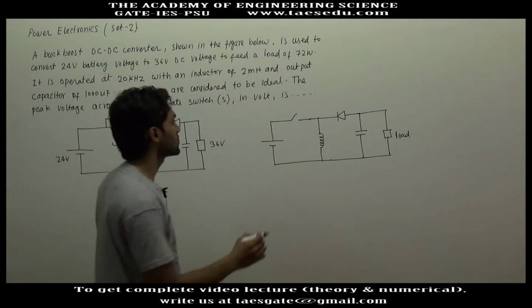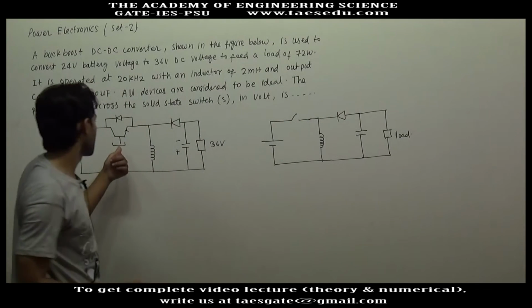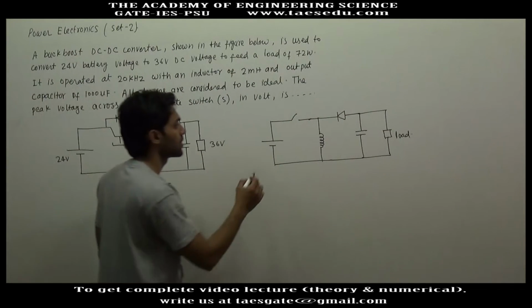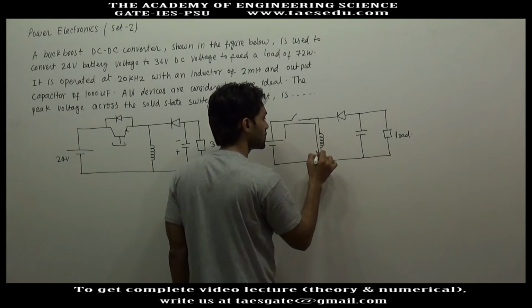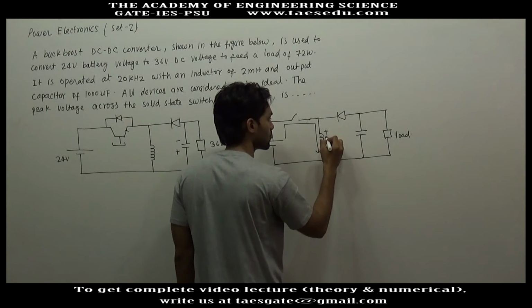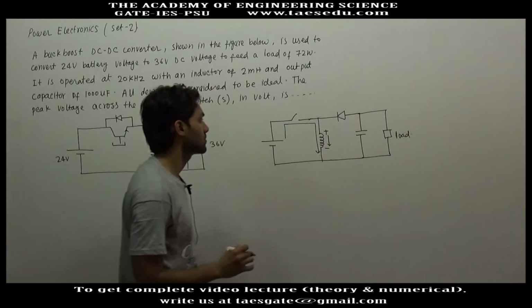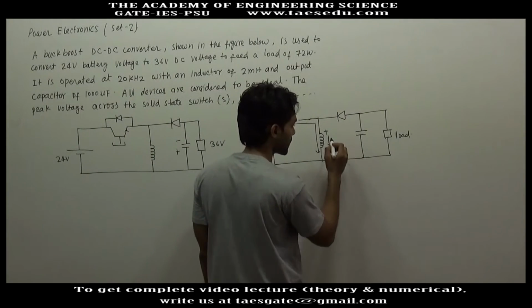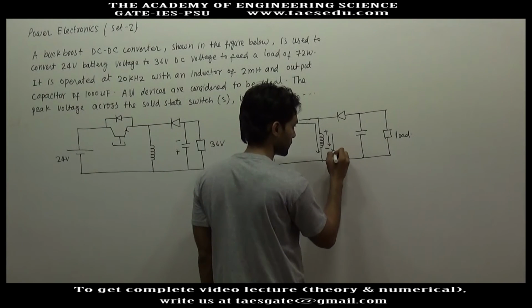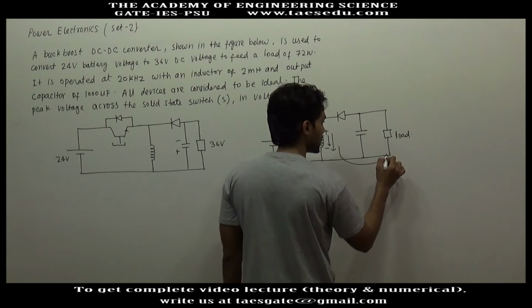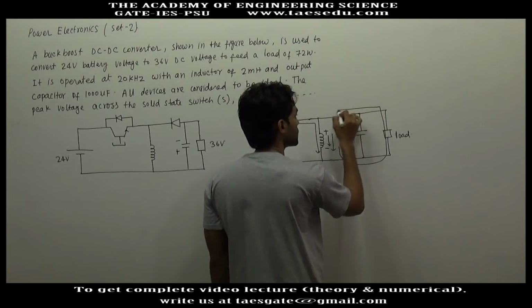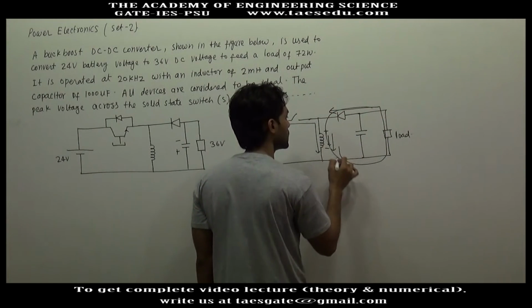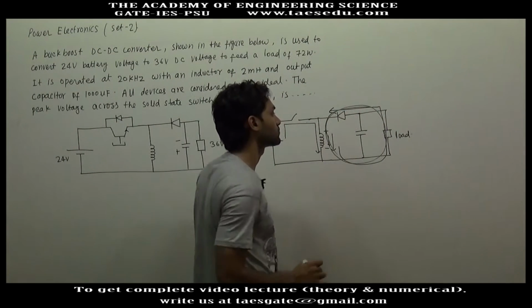Okay, when the switch is turned on, current will rise through the inductor in the downward direction. Okay, and when the switch is turned off, the built-up current through the inductor will find a path through load and this diode. It will circulate in this direction.